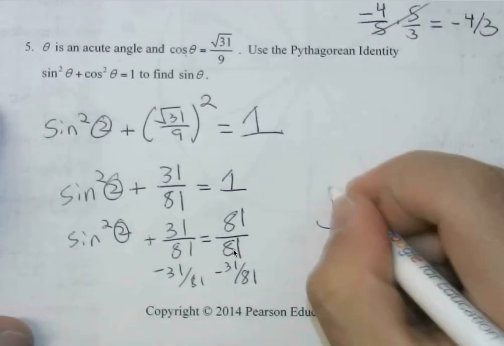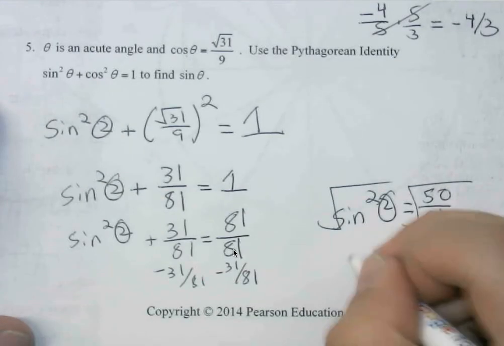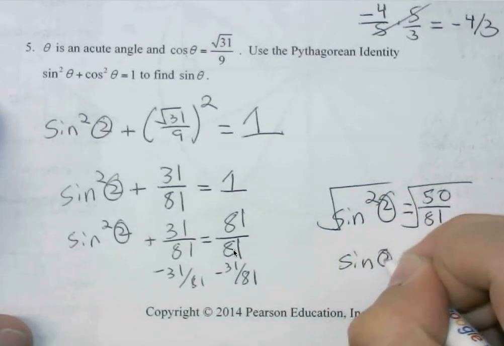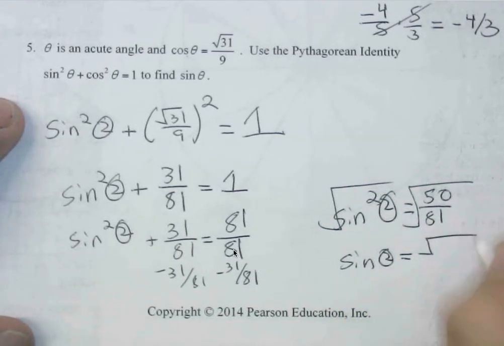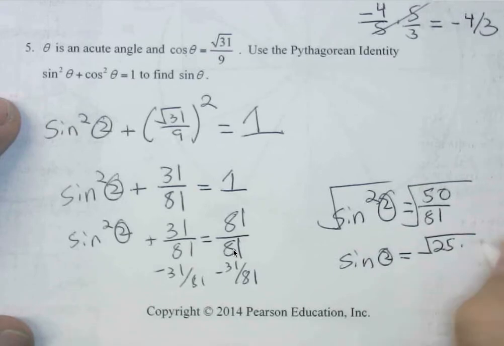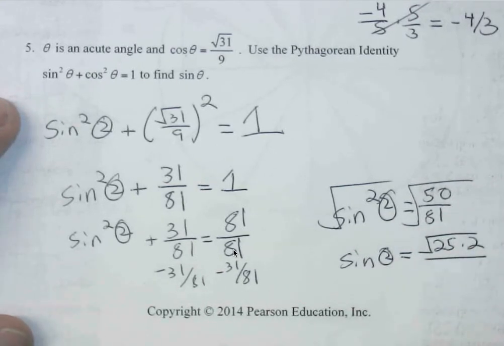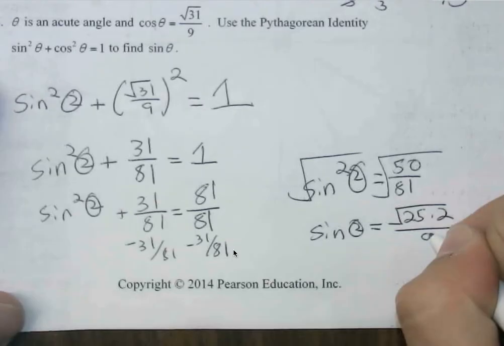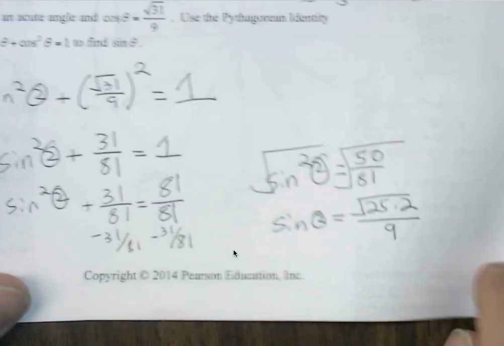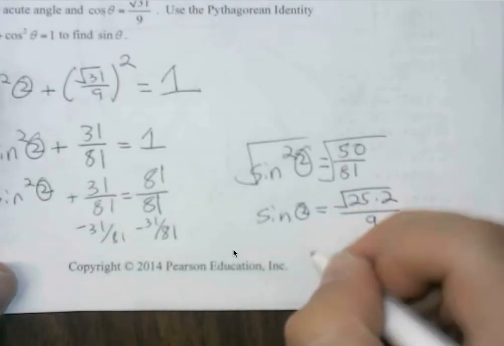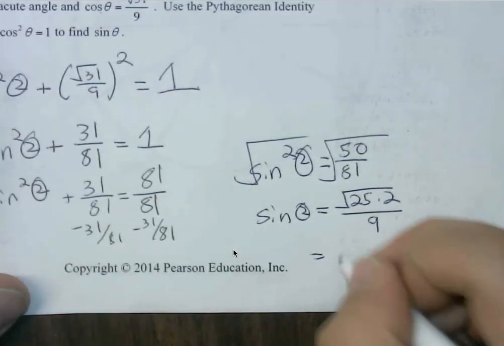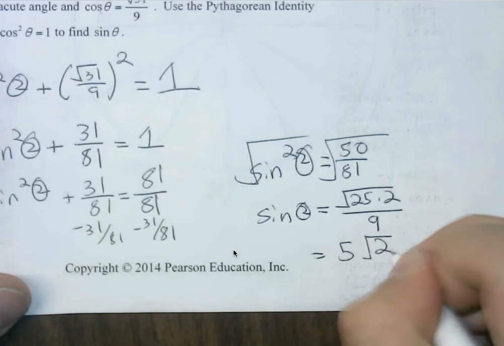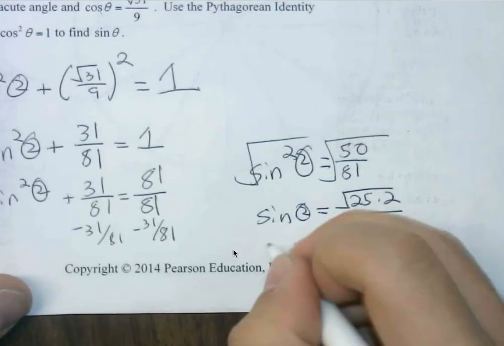If we take a square root on both sides, sine of theta just on its own should be equal to, well, this can be broken down further, because 50 has 25 as a factor. Square root of 81 is just 9. So sine of theta, if we break this down even further, square root of 25 is 5. Root 2 is along for the ride. This is all over 9.